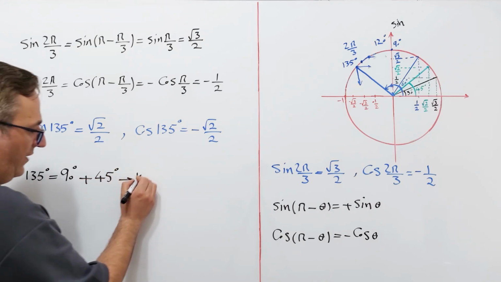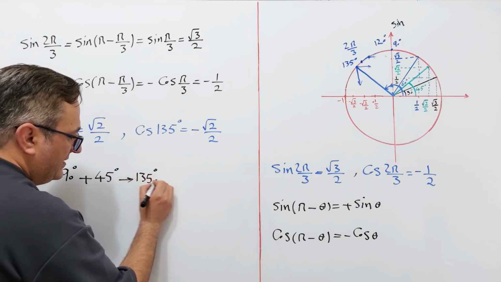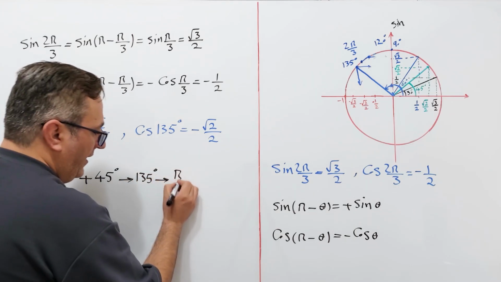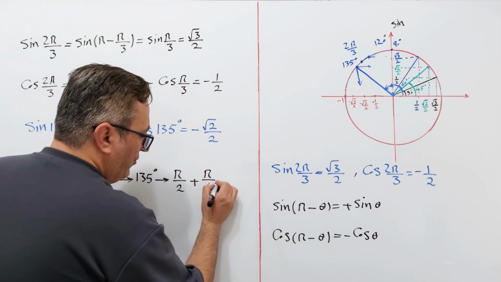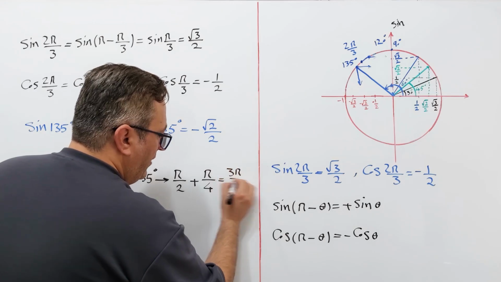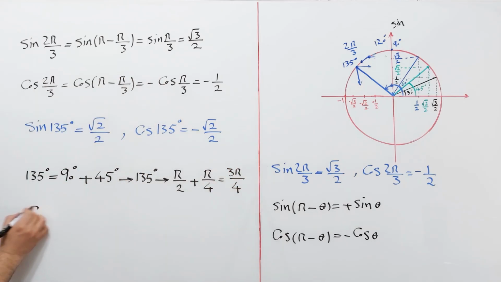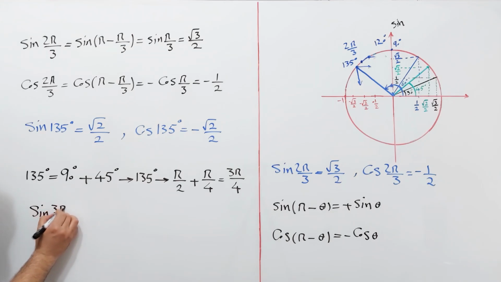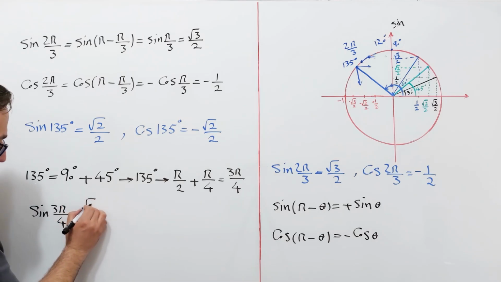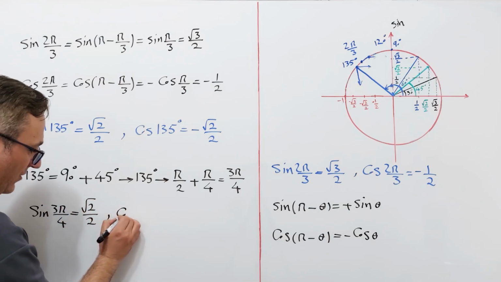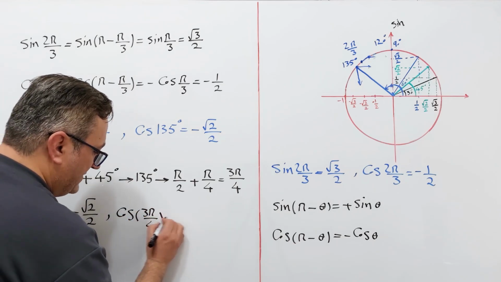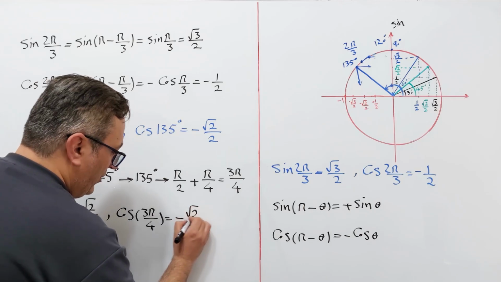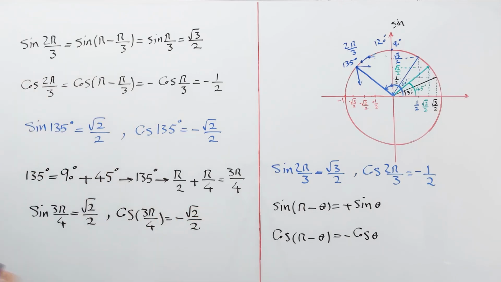So 135 degrees is equal to pi over 2 plus pi over 4, which is equal to 3 pi over 4. So sine of 3 pi over 4 is equal to the square root of 2 over 2, and cosine of 3 pi over 4 is equal to minus the square root of 2 over 2.